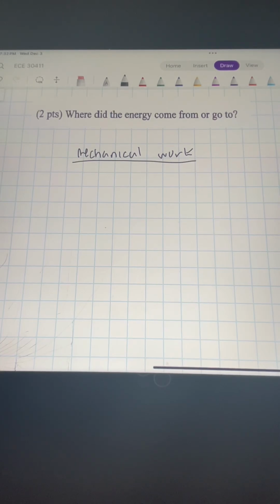So to wrap up, this problem highlights a broader idea that shows up throughout electromagnetics and in real engineering systems. Capacitors don't just store charge, they store energy in an electric field, and that energy can convert into mechanical work when fields change. Anytime we change the geometry of a capacitor, like the plate spacing, the area, or the dielectric material, we're really changing how much electric energy the system can hold.